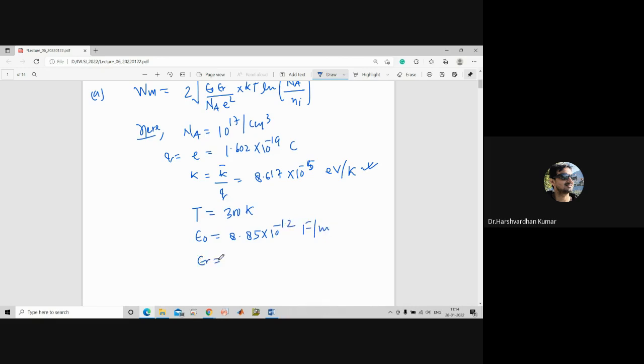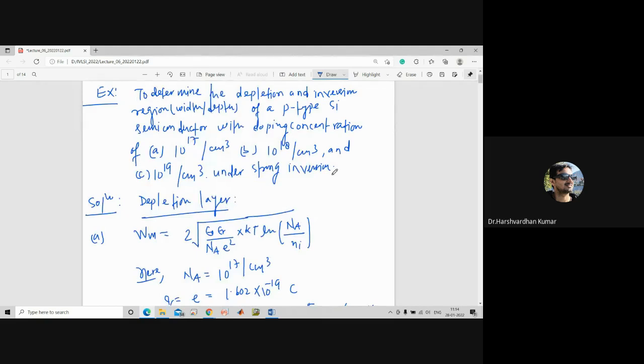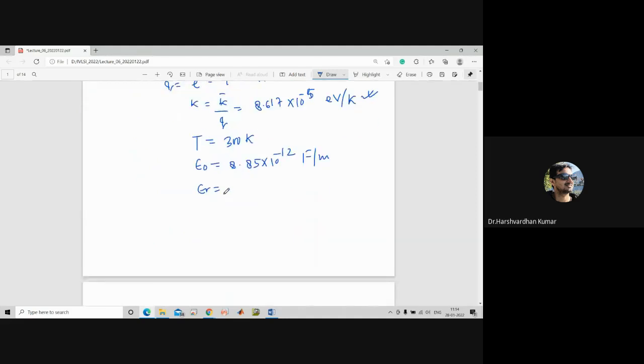Epsilon r, that is for what? Relative permittivity. Which material are we using here? Can you identify? So silicon. So we have to write the relative permittivity of silicon. So the relative permittivity of silicon is 3.6. Or we can also check on the internet.